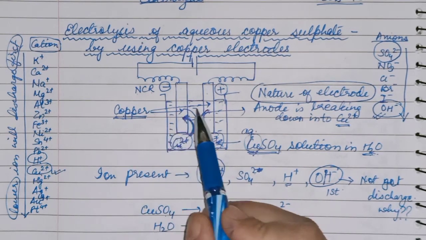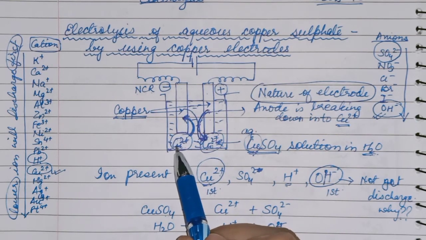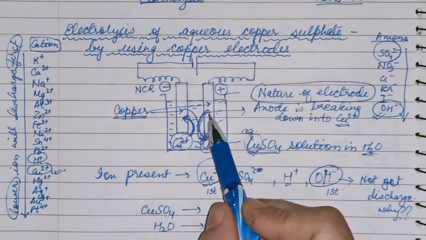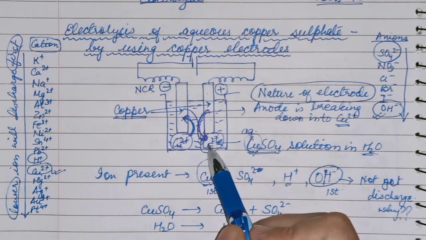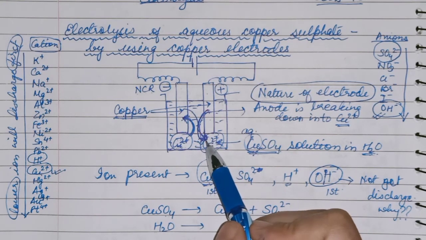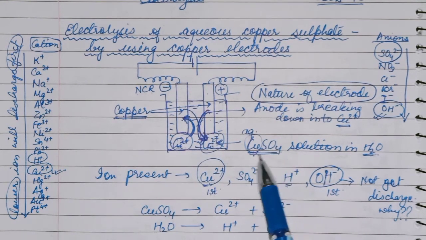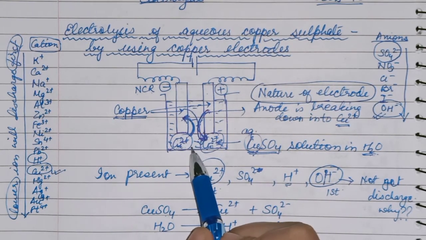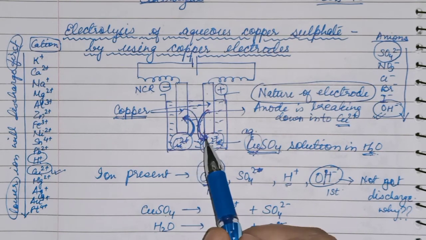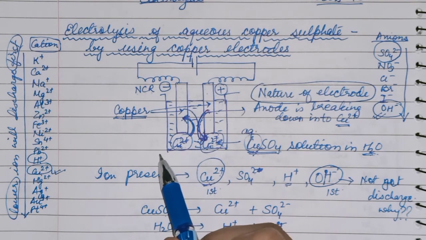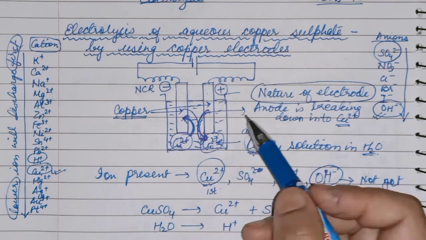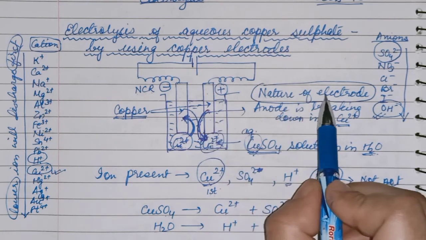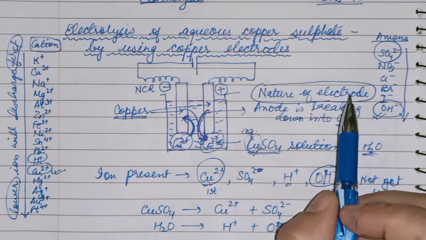So when the reaction proceeds, the copper from the electrolyte gets deposited over the cathode. At the same time, the anode will break down and form Cu2+ ions. So the concentration of Cu2+ ions remains the same. That's why the blue color of the solution will not fade. The copper sulphate solution remains blue throughout the reaction, and this breaking down of the anode is called nature of electrode.